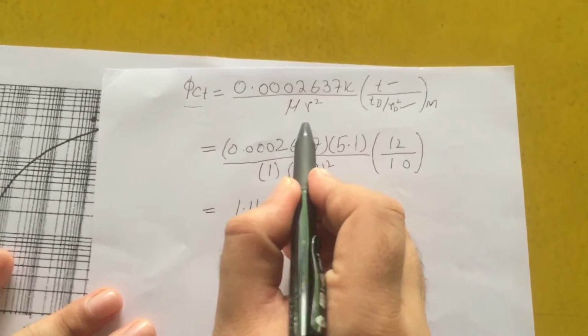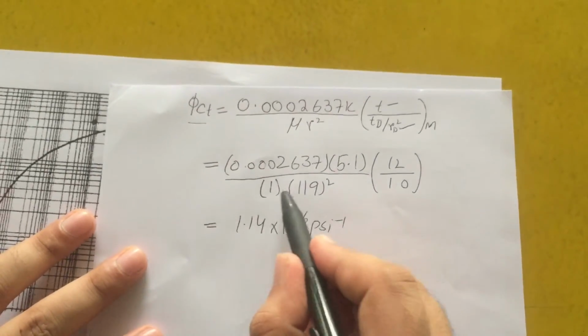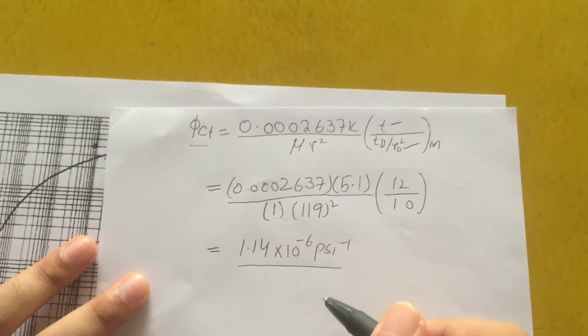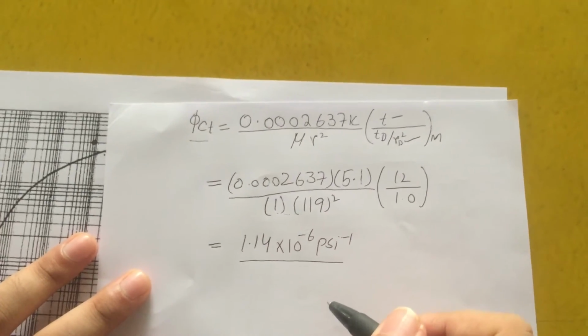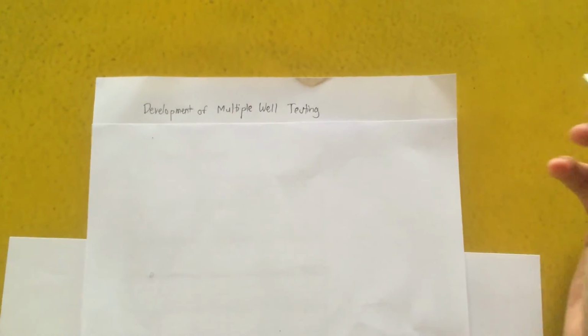As all other parameters are given in our data which you have seen earlier, we simply plug in these values, and by using the calculator we get the final answer, which is 1.14 times 10 raised to the power minus 6 psi porosity.